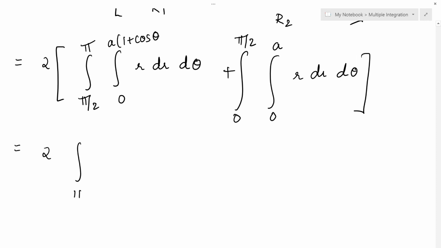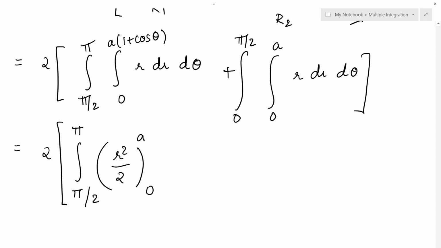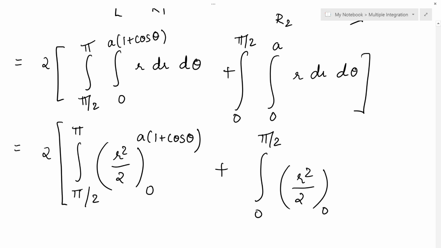So this will be the integral from pi by 2 to pi of r square by 2, from 0 to a into 1 plus cos theta, plus the integral from 0 to pi by 2 of r square by 2, from 0 to a.